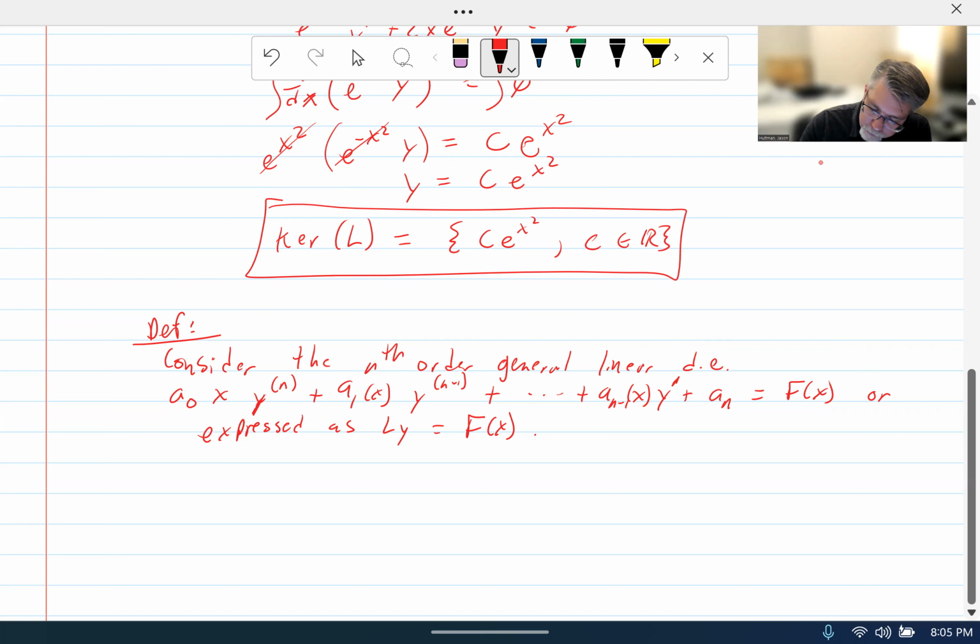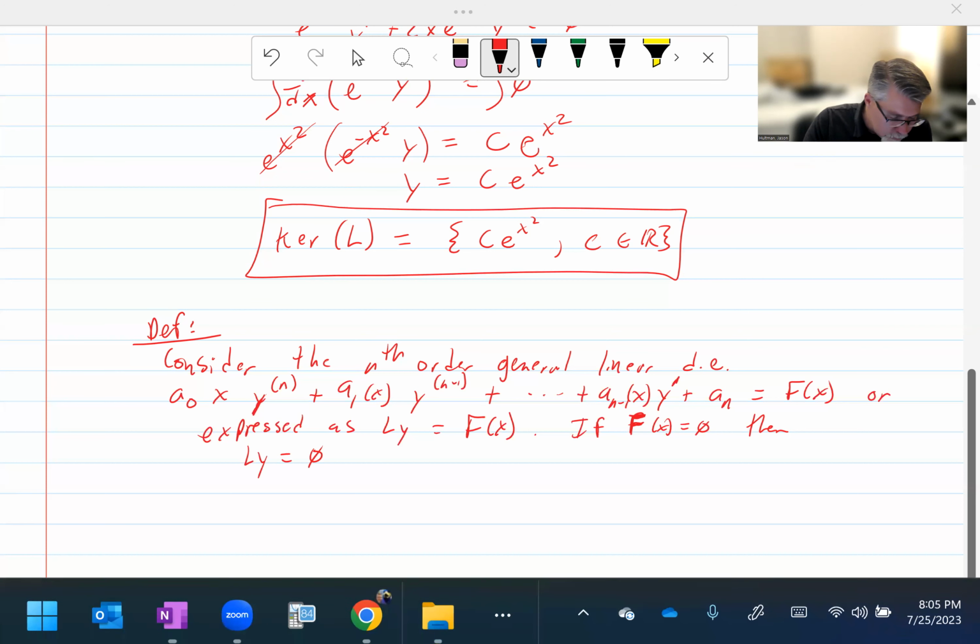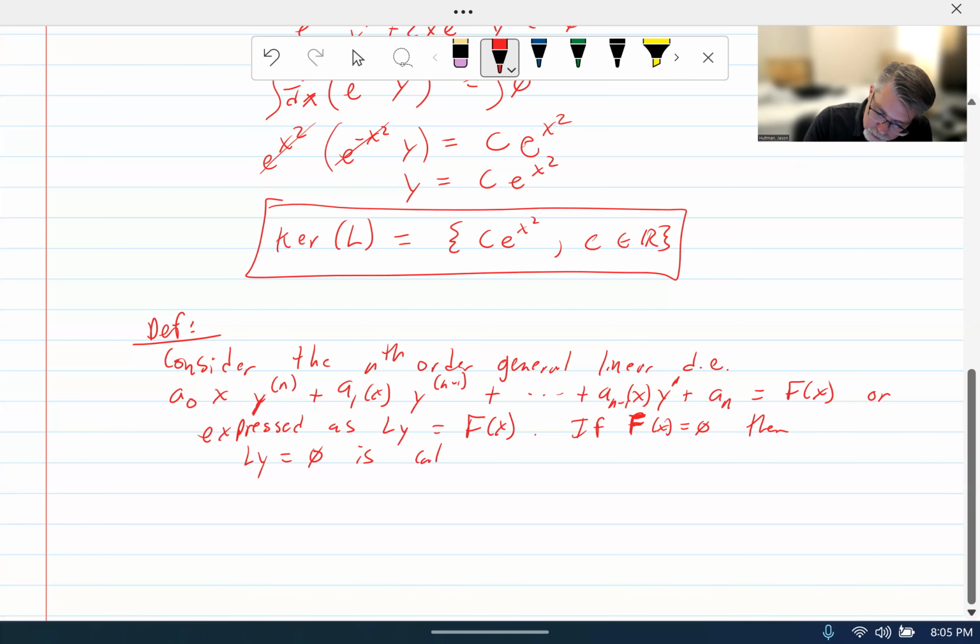Okay, if f of x equals 0, then we say Ly equal to 0 is called homogeneous.